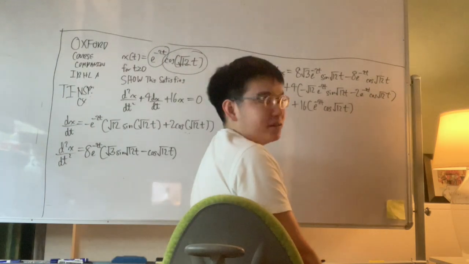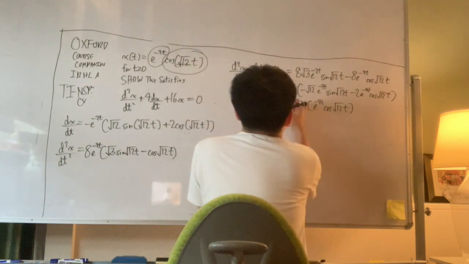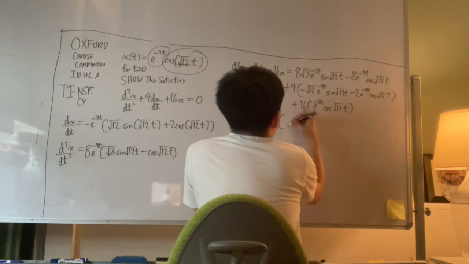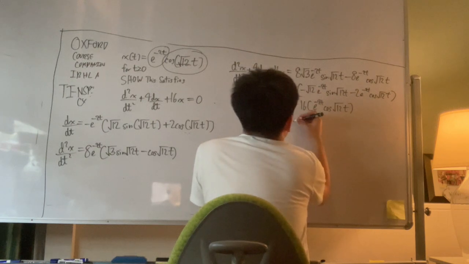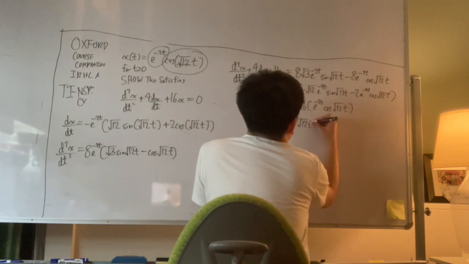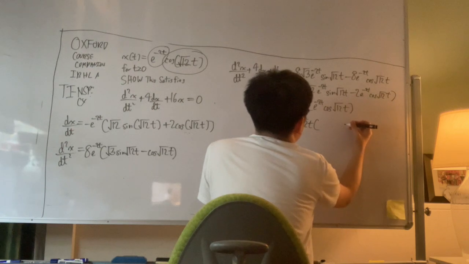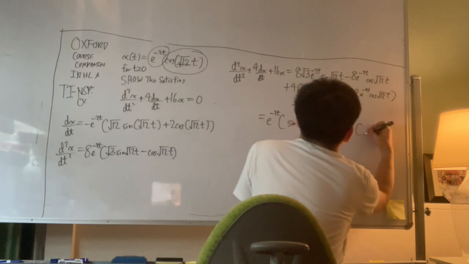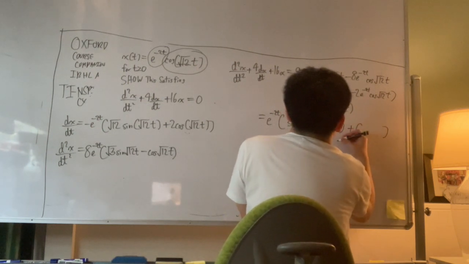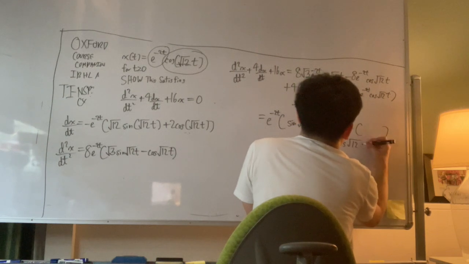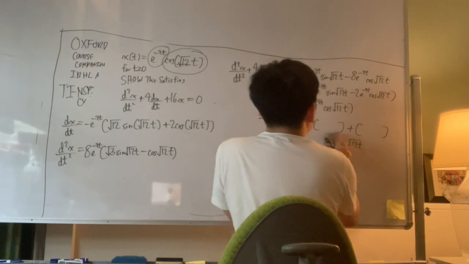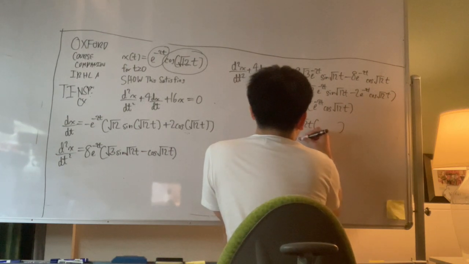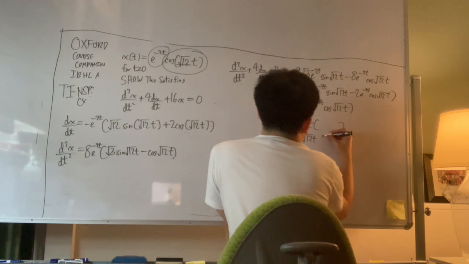The e^(-2t) is universally factorable, thankfully, because every single term has it. Then sine of square root of 12t is multiplied by some stuff, plus cosine of square root of 12t times stuff.